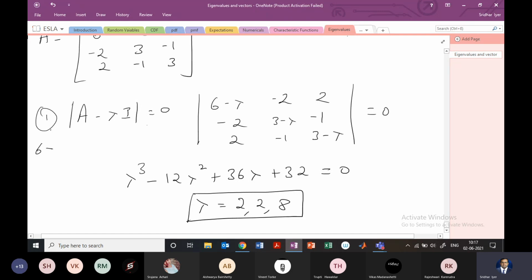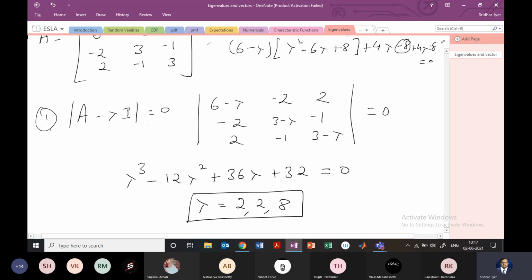You have 6 minus lambda times lambda square minus 6 lambda plus 8, plus 4 lambda minus 8, plus 4 lambda minus 8, and that is equal to 0.